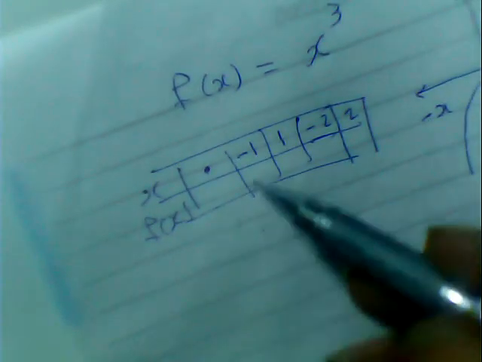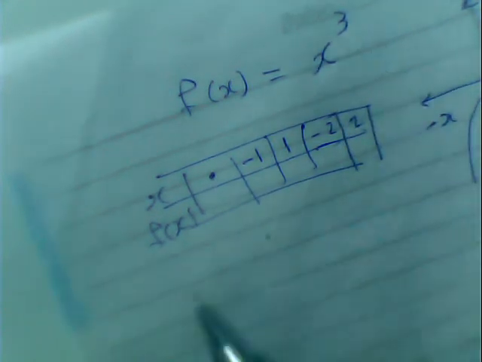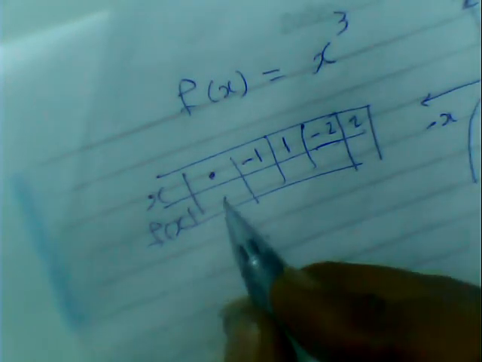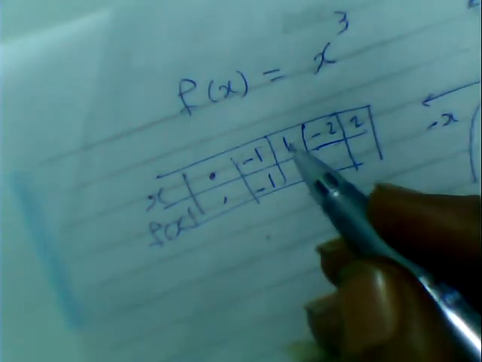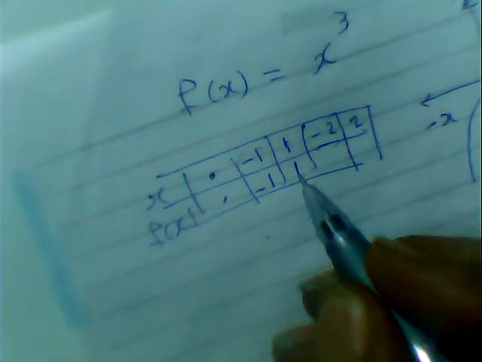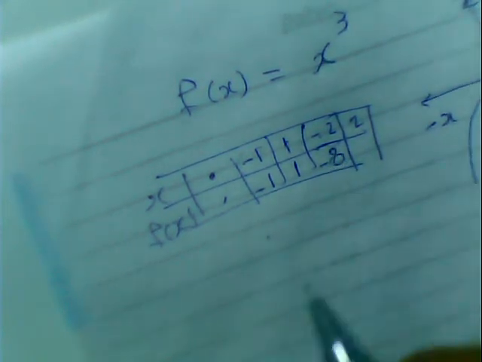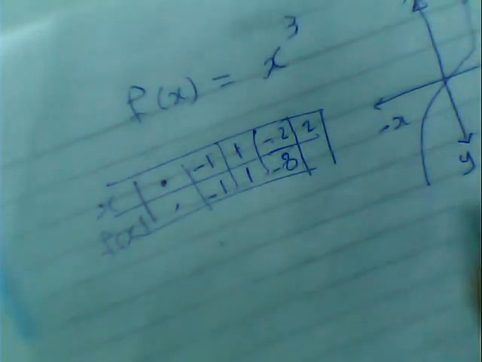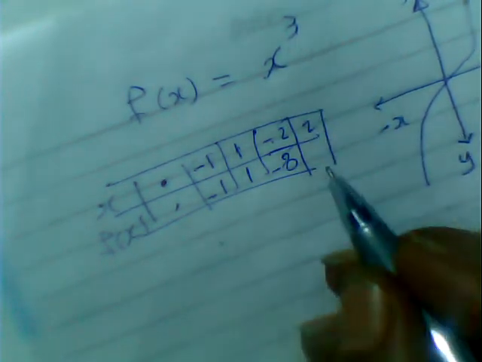You get f of x: 0 power 3 is 0, minus 1 power 3 is minus 1, 1 power 3 is 1, minus 2 power 3 equals minus 8, and 2 power 3 equals 8. Then we can draw like this.